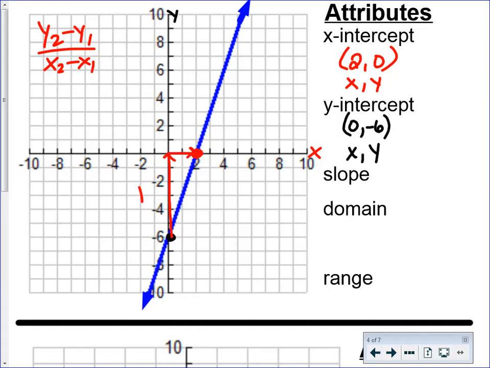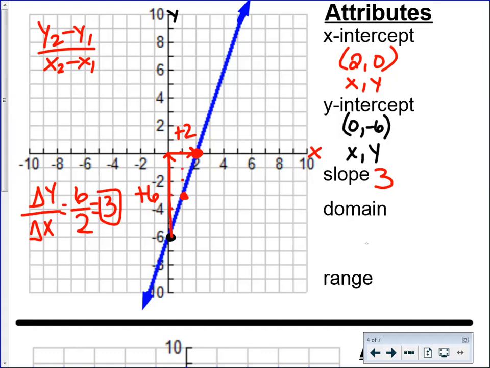So I rose 6, I ran 2. My change in y over change in x is 6 over 2. We have to simplify it if possible. 6 divided by 2 is 3. So my slope is 3. Notice 1, 2, 3, 1. Here's another point. 1, 2, 3, 1. That just further proves that I do have a slope of 3.